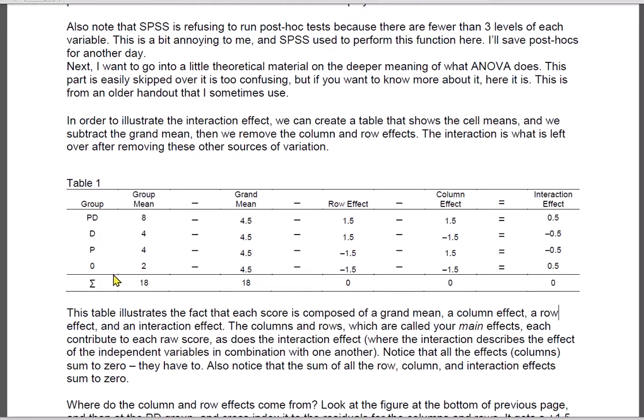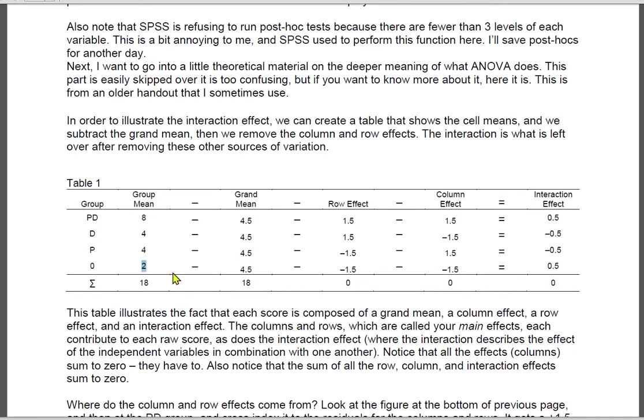For the control group, you start at 2, you subtract 4.5, but then you have to subtract a negative 1.5 because they're already below the mean. And so basically what you're doing is instead of subtracting a negative, you're actually adding it.